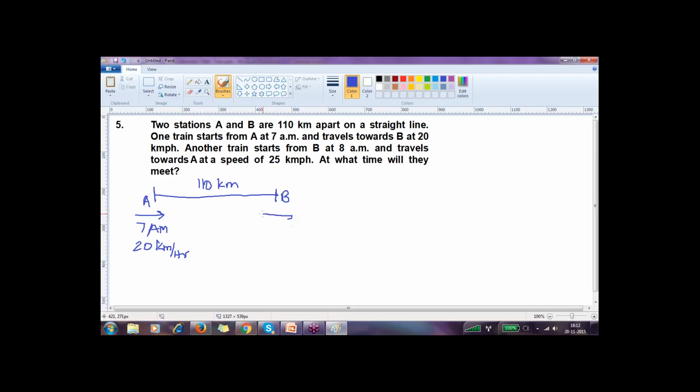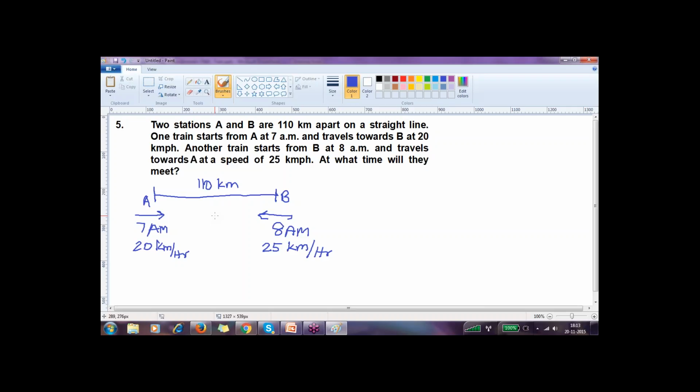And another train starts from here at 8 a.m. and it runs at 25 kilometers per hour. Now this is the situation and it says at what time they will meet.